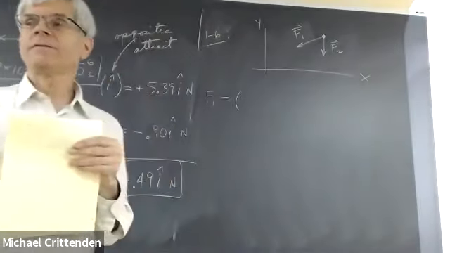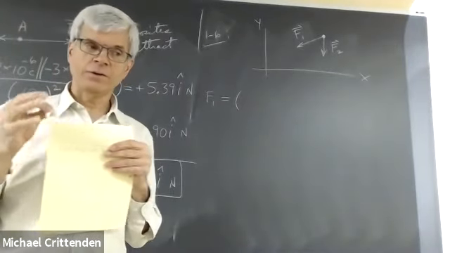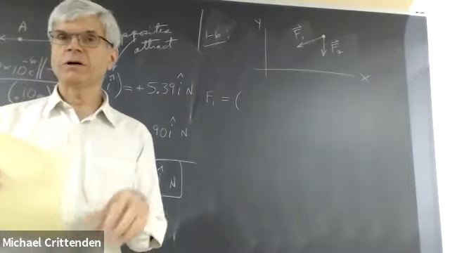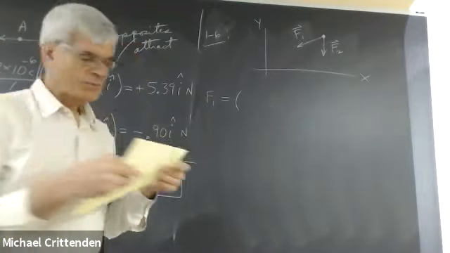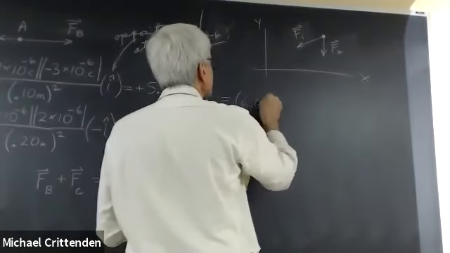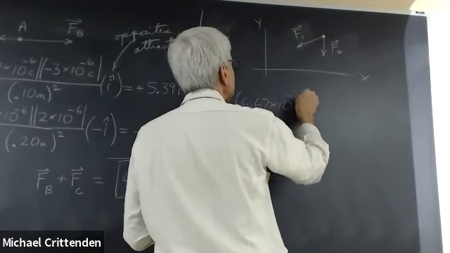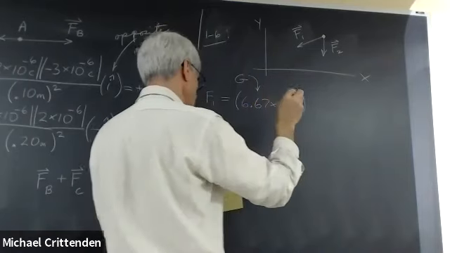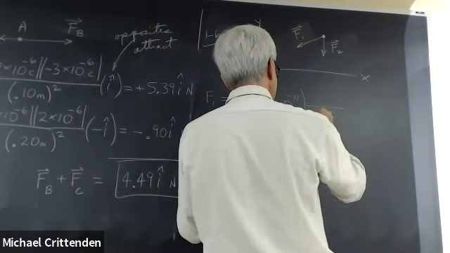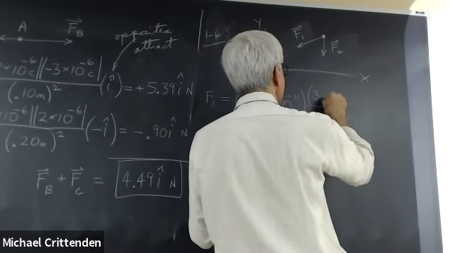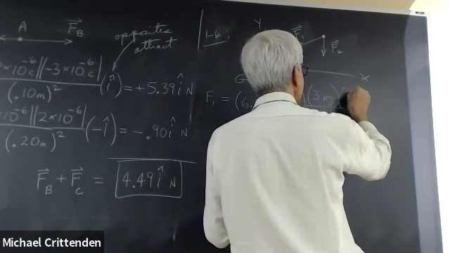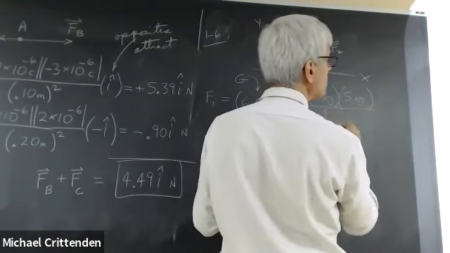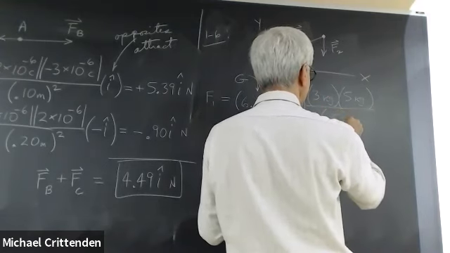Newton's inverse square law for gravity was something I covered in physics 131, but I'm pretty sure I included it on the formula sheet for this course as well. It's the gravitation constant, 6.67 times 10 to the negative 11, that's capital G, times the product of the masses, 3 kilograms, 5 kilograms, over the distance between them squared, 0.5 of a meter.